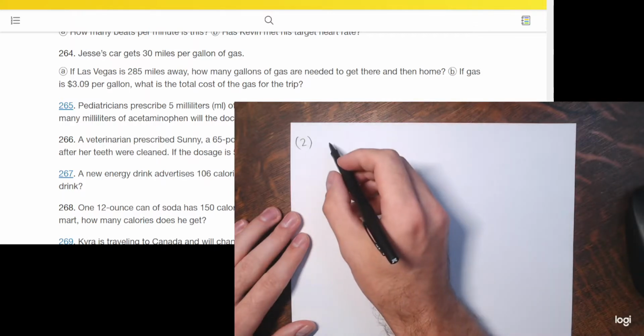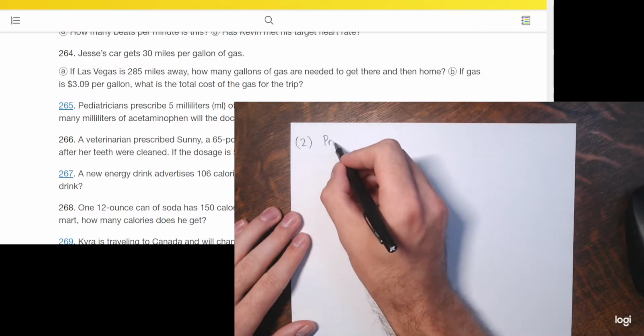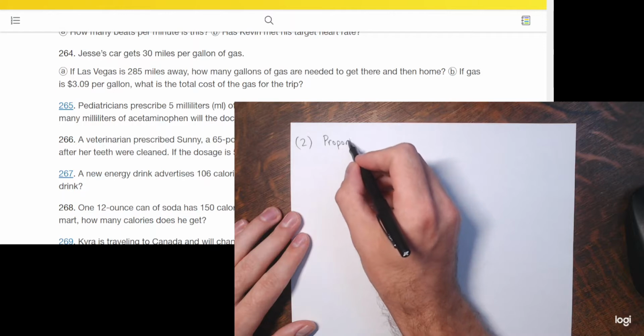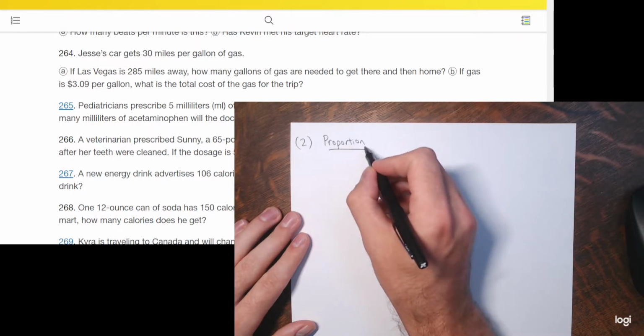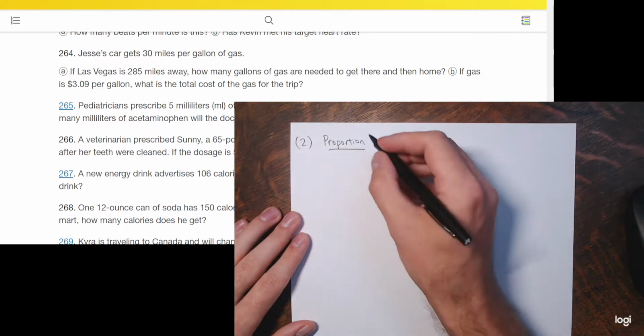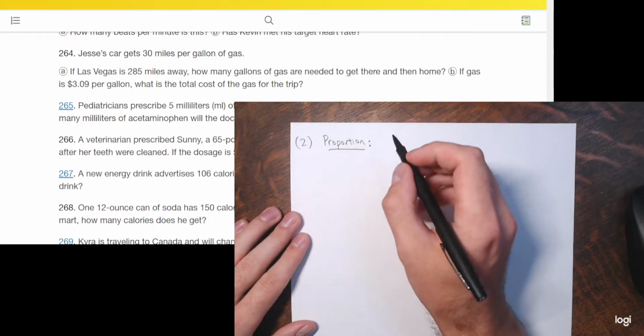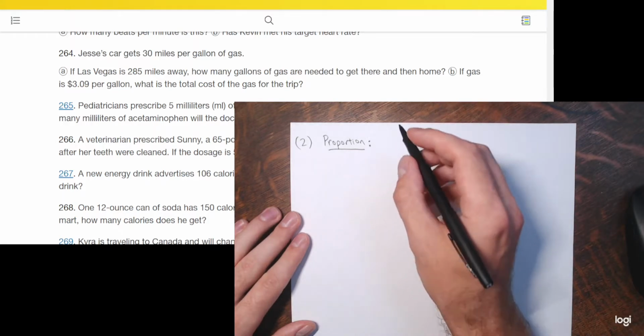Now, a proportion. This is one where we're actually going to set up a proportion. Now, I've brought up proportions before in a previous video related to section 7.5 in this text.